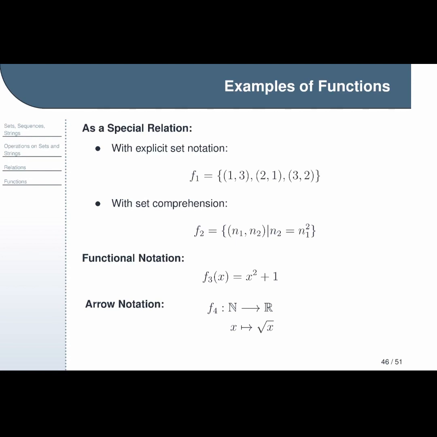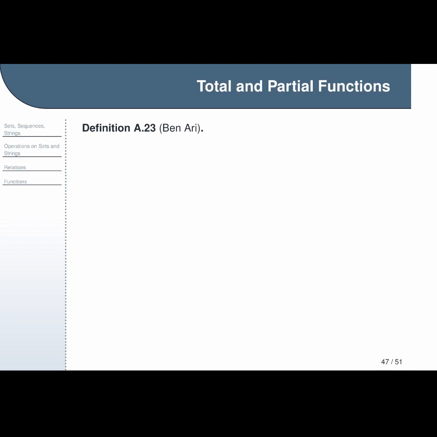Another thing that's useful when discussing functions or analyzing them is to have some vocabulary that allows you to characterize their properties. So I'm going to run through a few terms that characterize properties of functions, starting with total and partial functions. This definition is relatively straightforward. A function is total if its domain covers all of the possible tuples in the product over which it is defined.